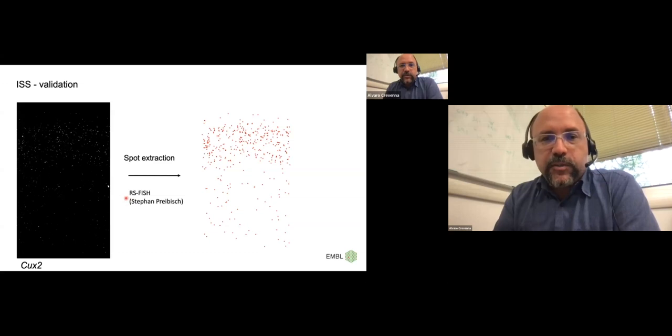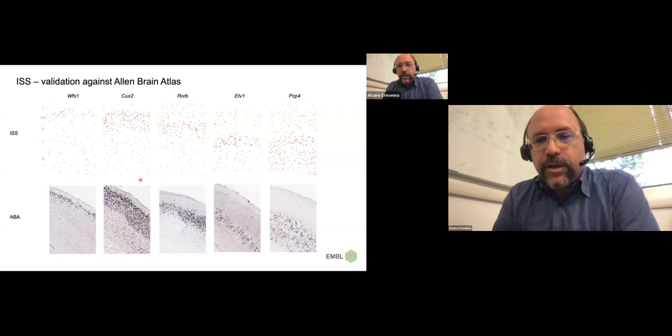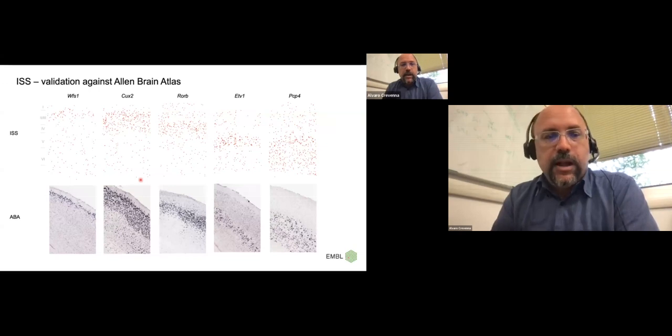You can extract the spot locations, and we can compare that to the Allen Brain Atlas. And so you see how the different genes that we were looking at compare to the information that is around, right? So we looked at different genes, and roughly they correlate well with the expression pattern that is known from the Atlas.